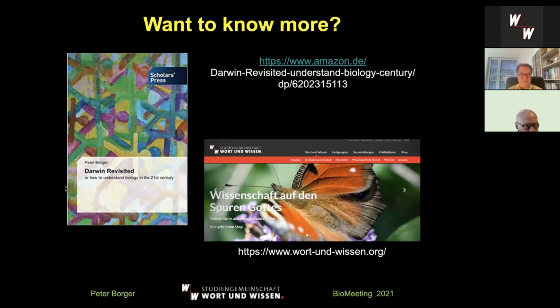Learning is, in fact, adaptation of the brain. And this brings me to the end. If you want to read more how variation is induced in the genome by transposable elements, then I would recommend my book, which was released a few years ago, Darwin Revisited, or how to understand biology in the 21st century.